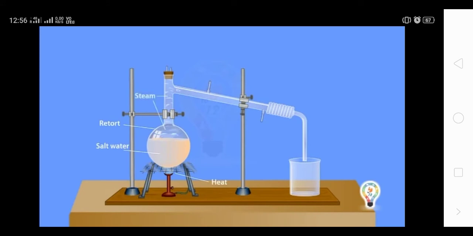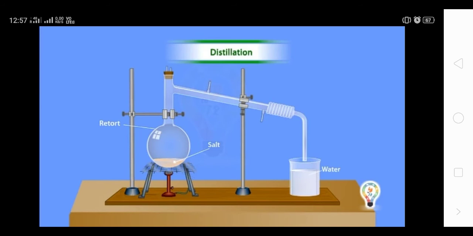We will see the steam getting collected inside the beaker in the form of droplets of water. The steam condenses and reaches the beaker, and the salt is left behind in the retort. This method of separation of soluble solids from liquids is called distillation.